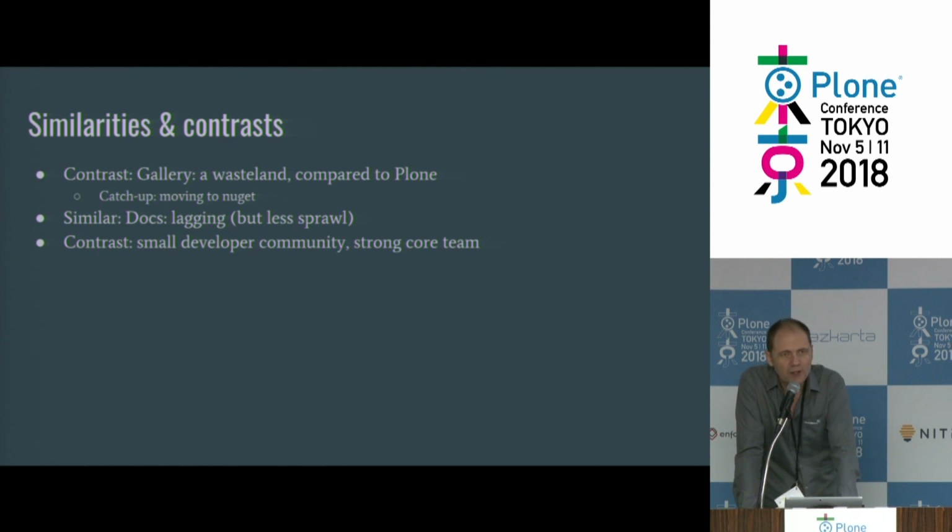What struck me looking at the Orchard environment was that compared to the Plone add-on world, there was an Orchard gallery, but everything there seemed to be completely out of date, unmaintained. It was much more sparse than the Plone add-on ecosystem.